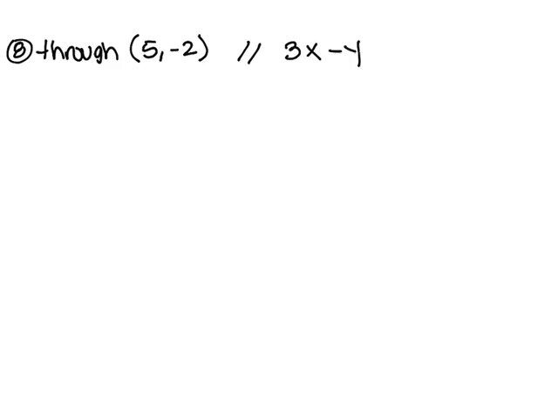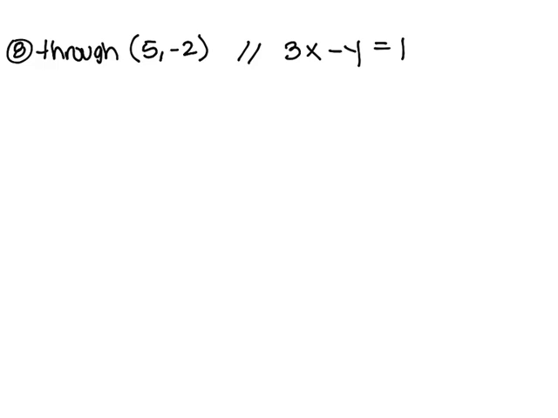So 8, it says, write the equation of a line that's going to go through the point 5, -2, and it's parallel to 3x minus y equals 1. Parallel to 3x minus y equals 1.